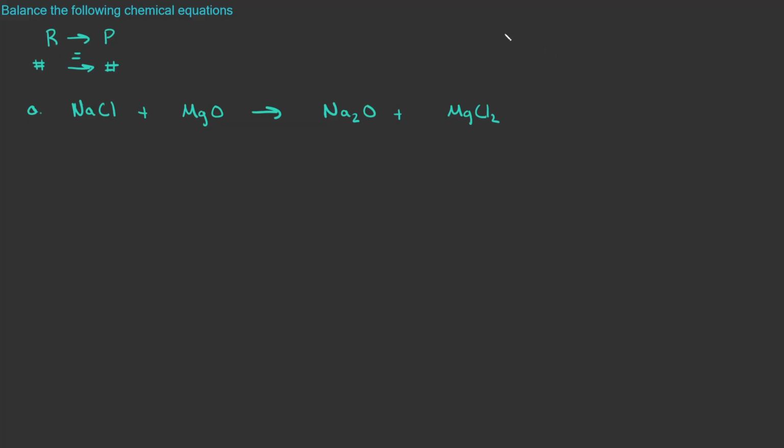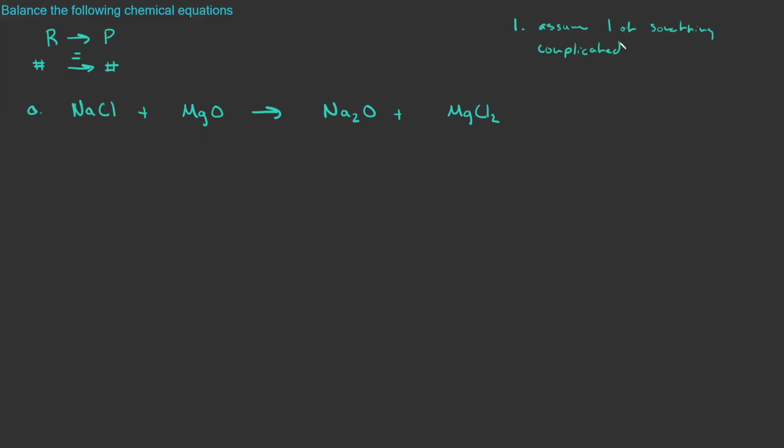And so whenever we balance chemical equations, my first step usually is to assume that we have one of something that looks a little bit more complicated.